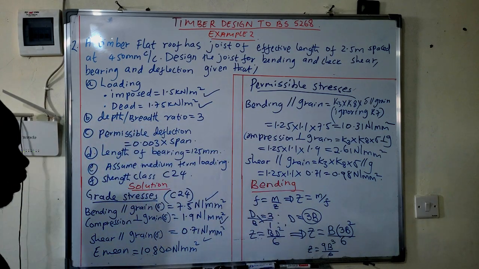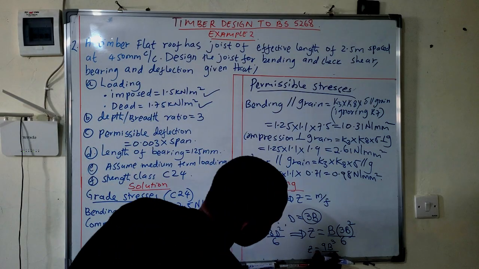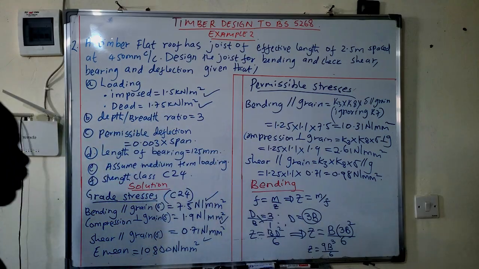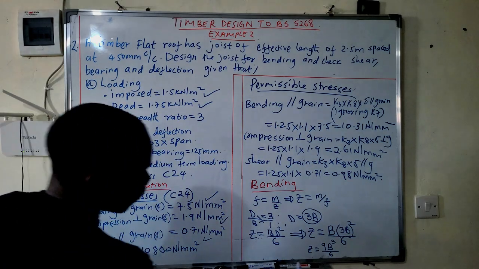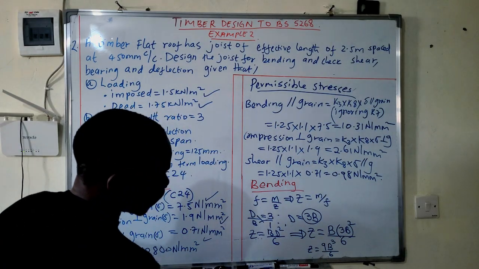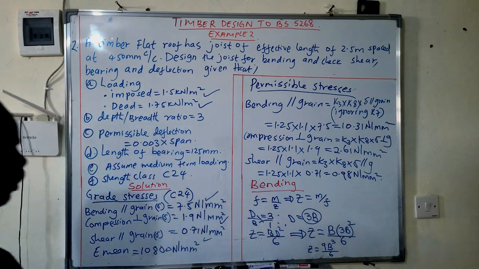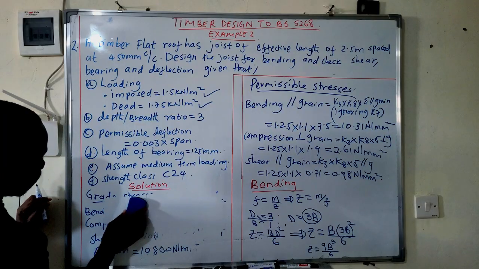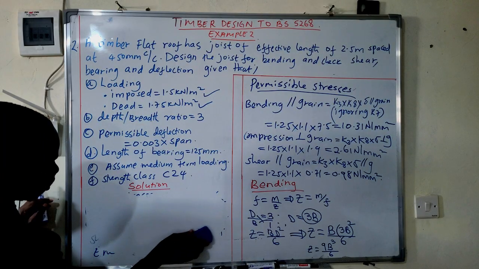So it means if we can have the value of Z, then we can find our B. So let me create space here for more calculation.